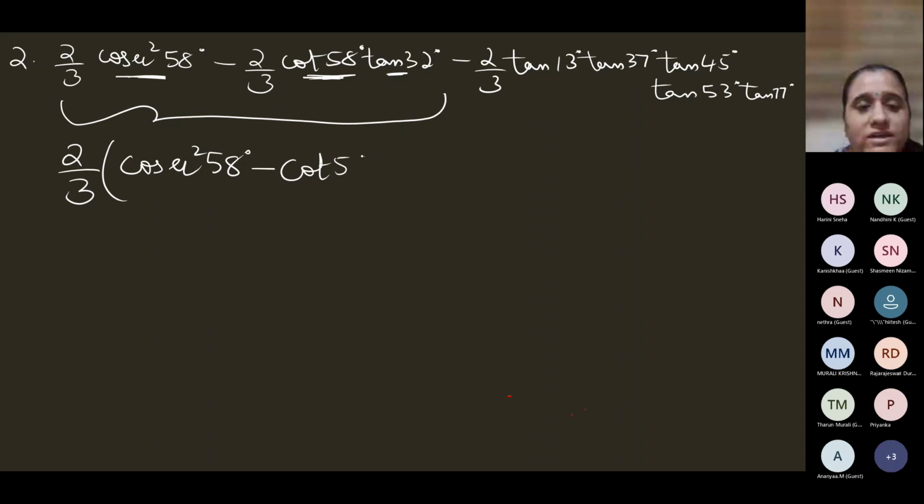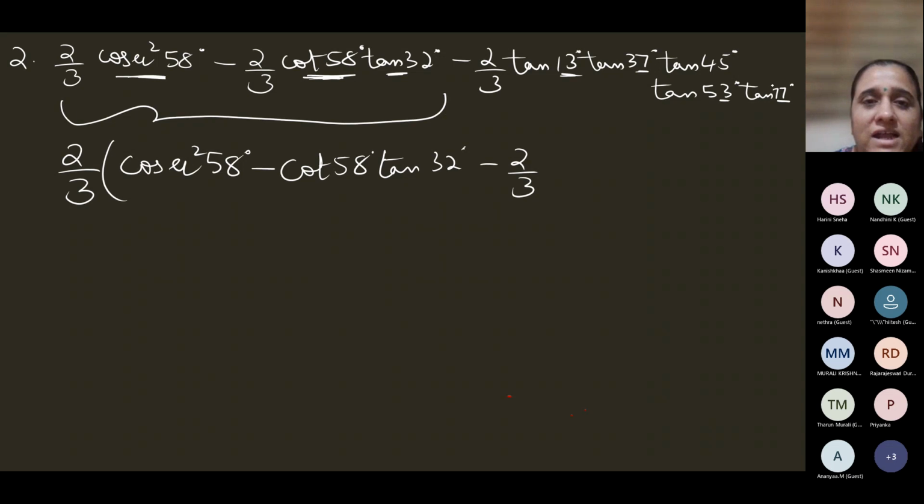So cot 58 degrees, tan 32 degrees. Minus 2 by 3. Here it's product everywhere: tan 13 into tan 37 into tan 45 into tan 53 into tan 77. We have to group the ratios so that their angles are complementary. 13 and 77 are complementary, 13 plus 77 is 90. 37 plus 53 is 90.